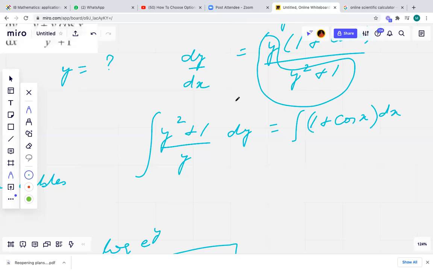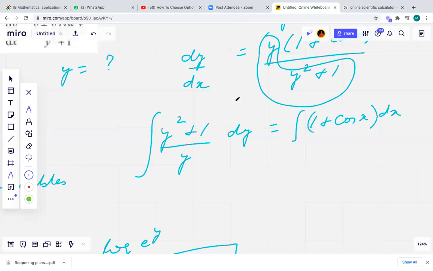So the first one will be, sir, y square by 2 plus ln y plus c. Put C at the end.